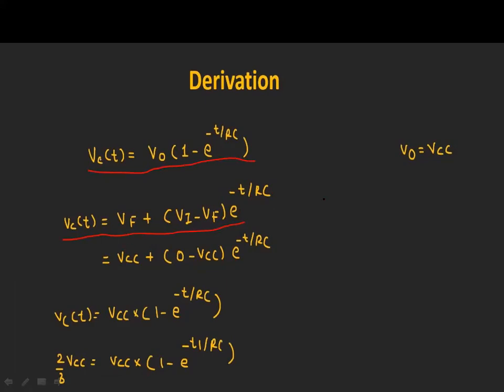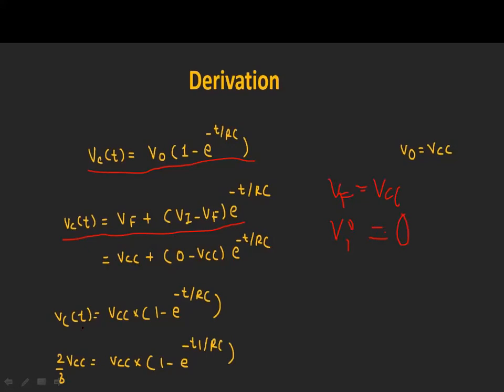In this case, V initial is equal to 0 volts and V final is equal to VCC. So Vc of t is VCC plus (0 minus VCC) into e power minus t by RC.